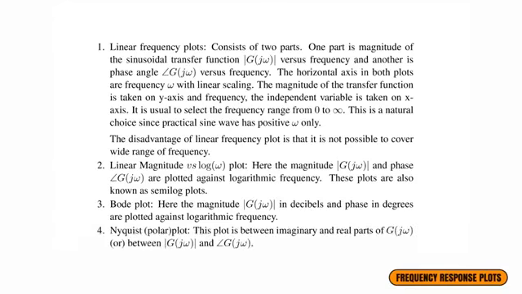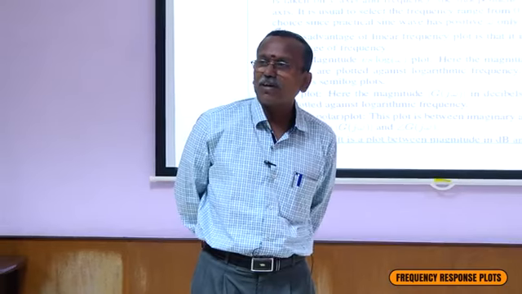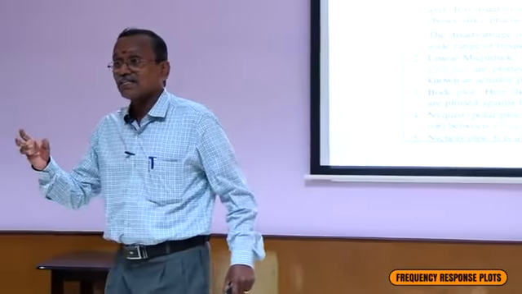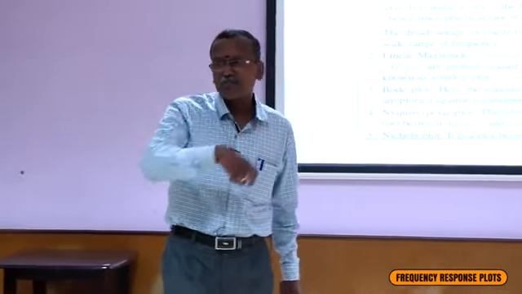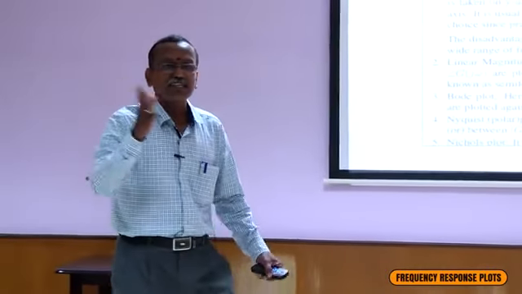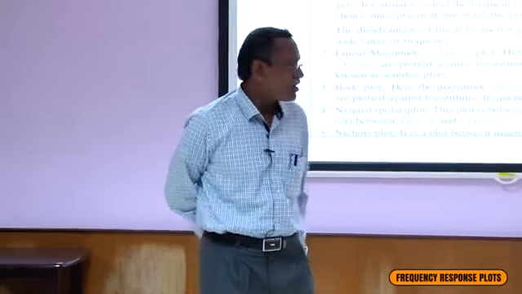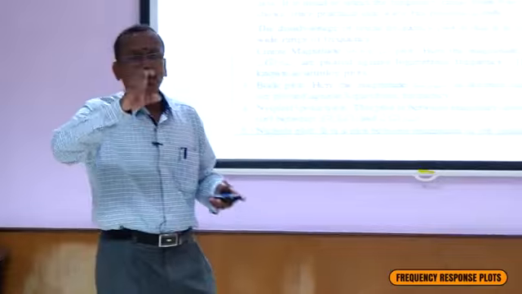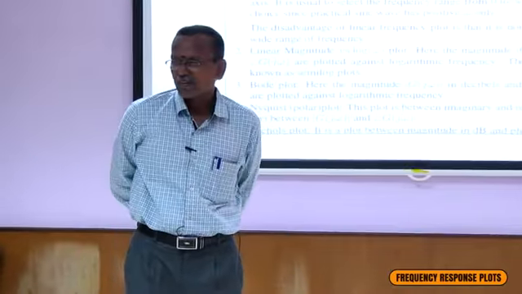Then the Nyquist plot. That is also a frequency response plot. Nyquist plot means a polar plot. Strictly, the polar plot is a subset of the Nyquist plot, so sometimes we call them interchangeably.